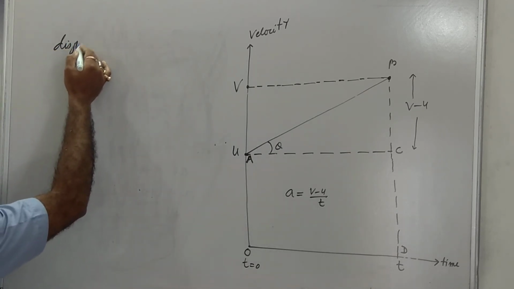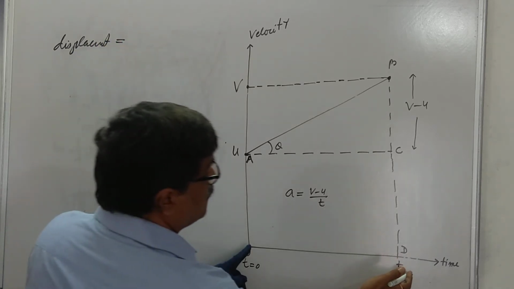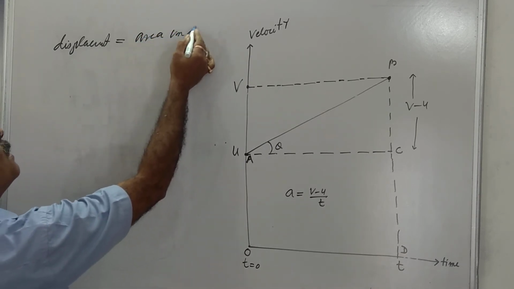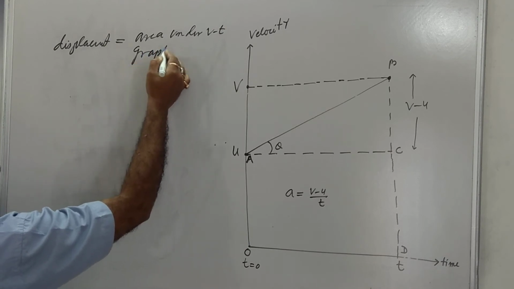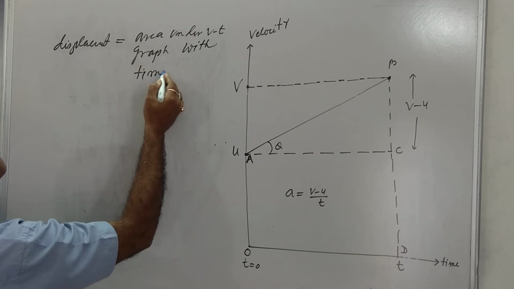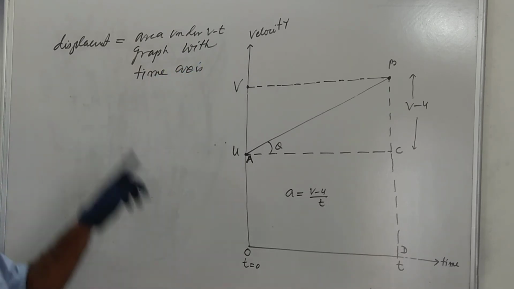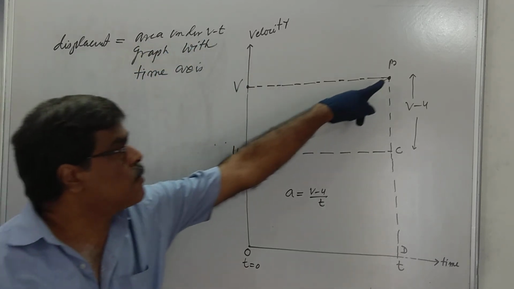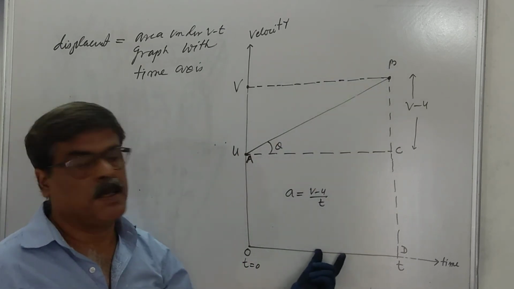We again repeat, displacement in a certain interval of time t is equal to the area under the velocity time graph with the time axis. Displacement is equal to what? The area under the velocity time graph AB with the time axis.